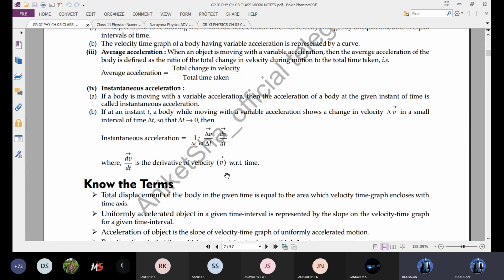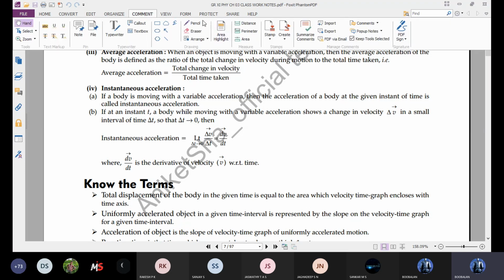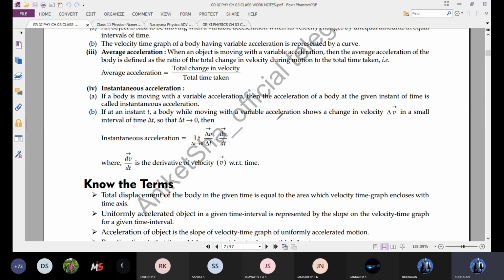Just a minute, I will take a pen. Okay, listen. Position is considered as x, velocity, acceleration.